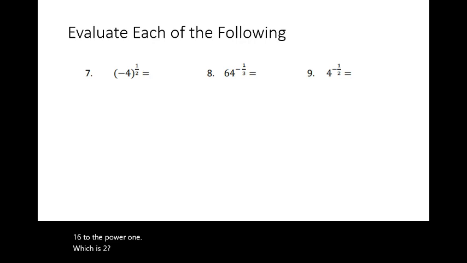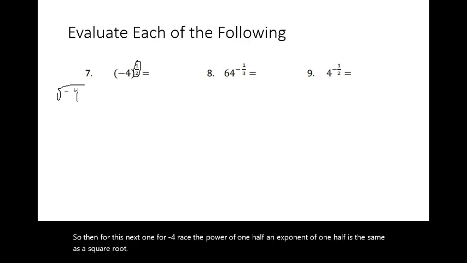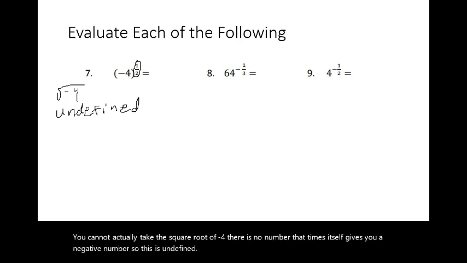So then for this next one, for negative 4 raised to the power of 1/2, an exponent of 1/2 is the same as a square root. You cannot actually take the square root of negative 4. There is no number that times itself gives you a negative number. So this is undefined. You're going to work more with expressions like this later in college algebra, but for now in this course we're just going to call it undefined.